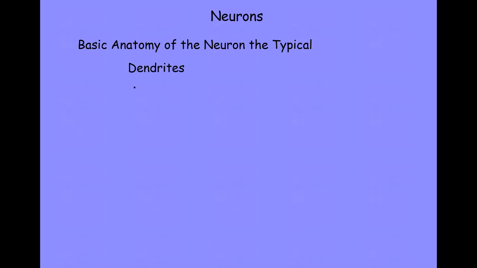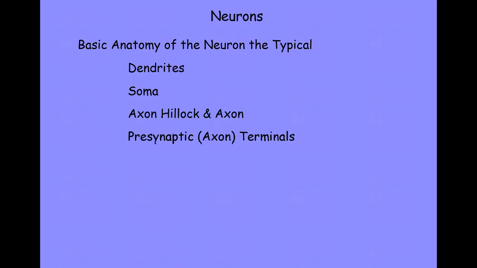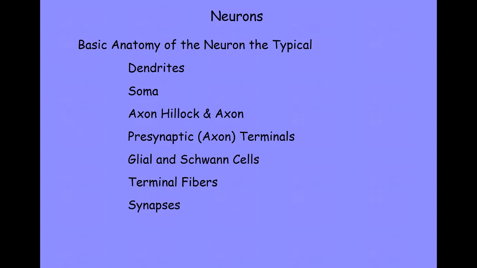We'll talk about dendrites, soma or cell body, the axon hillock and the axon, the presynaptic terminals, glial and Schwann cells, terminal fibers, and synapses.